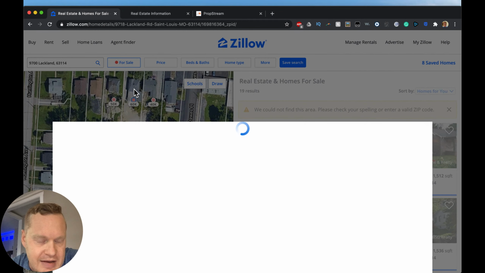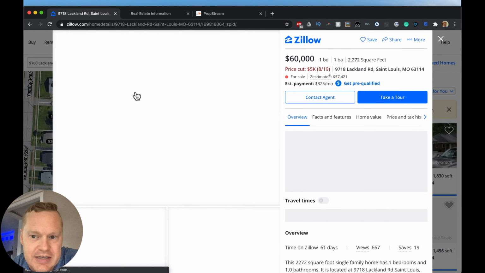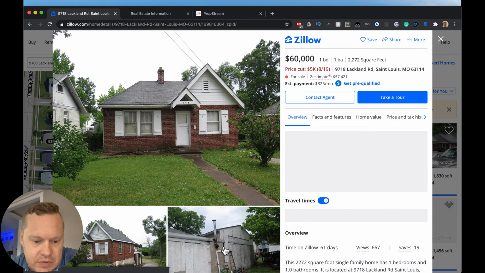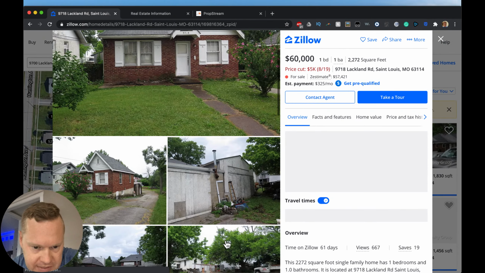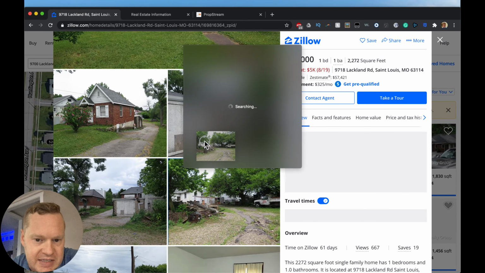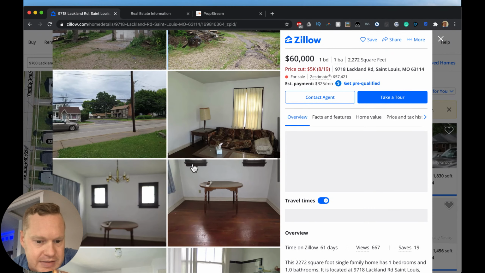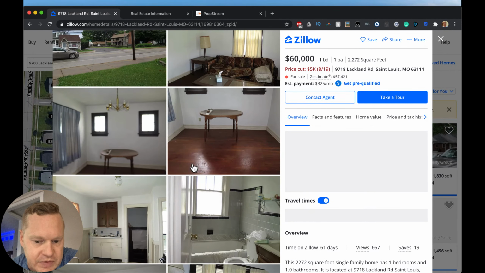This one did have an add-on, but it's not finished. So it's an add-on, but it's really all used for storage here. You scroll down to the second picture. So walking through the property, I know there's a large area in here, but it's all just storage, unfinished. Would be like garage space, if anything else. So it's not really finished livable square footage.